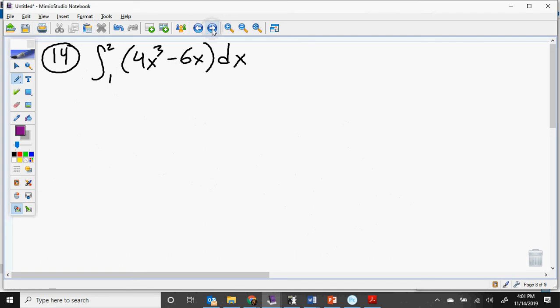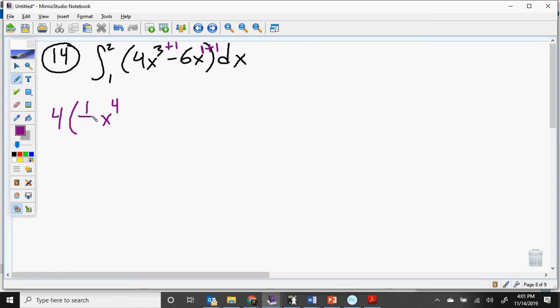Number 14. Don't even have to do any rewriting here. Just go ahead and take the integral. So I'll add 1 to my exponents. There's a 1. Add 1 to both exponents. So I get 4, and then x to the third plus 1. So I get x to the fourth.